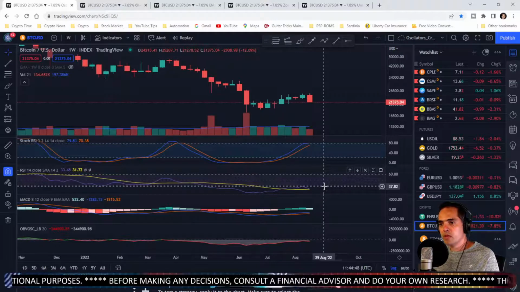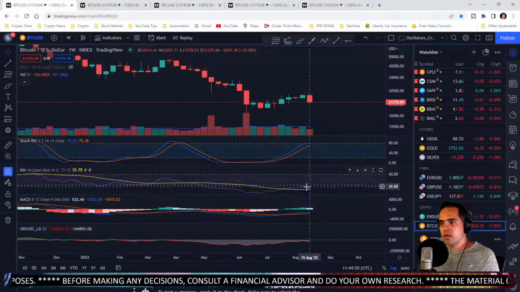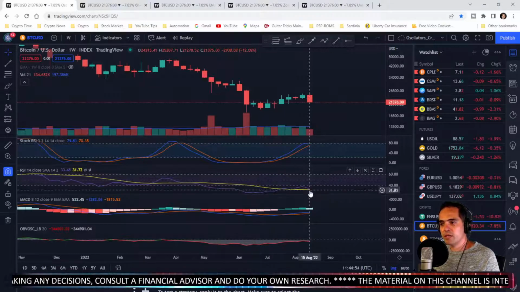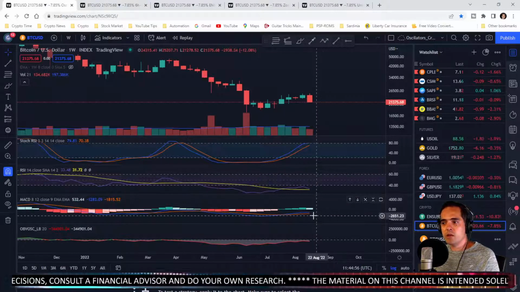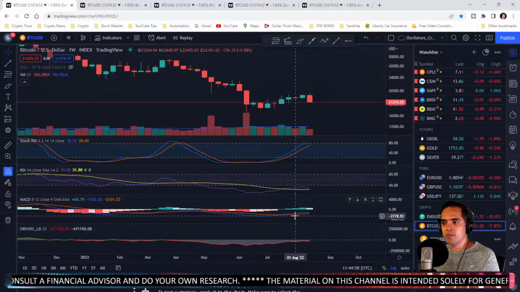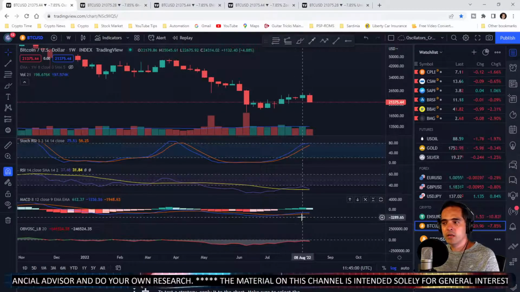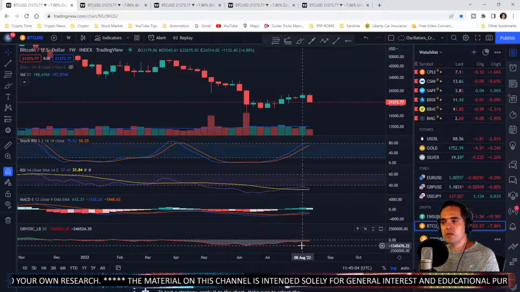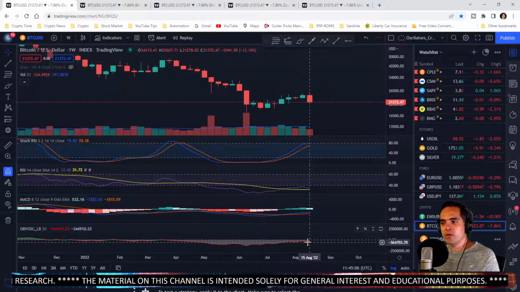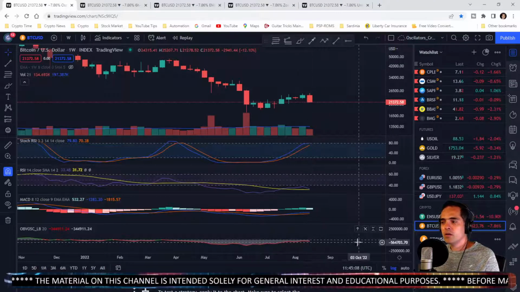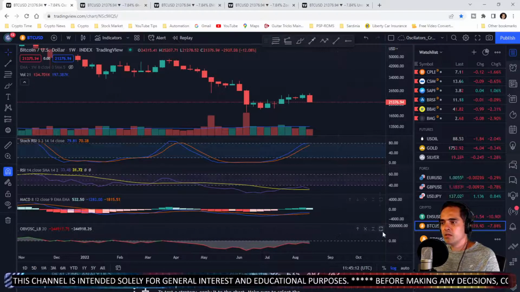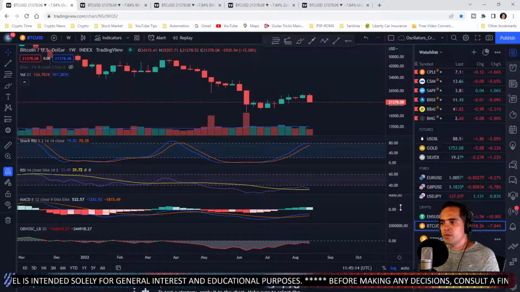Right here, it's very, very far from that. And the MACD as well is just showing maybe short term here, but not good. The OBV is in the red zone here, which is not good as well.